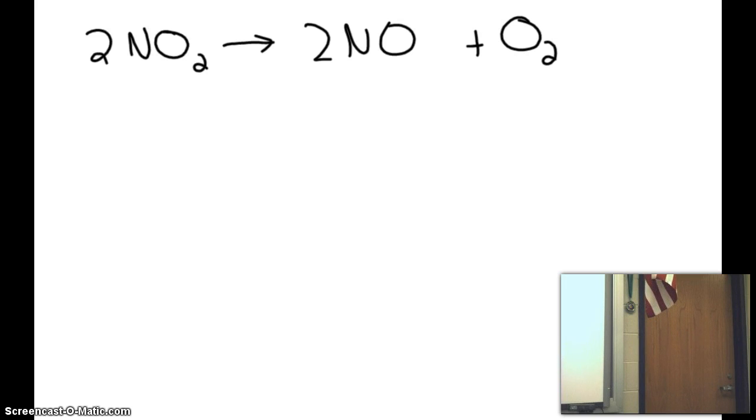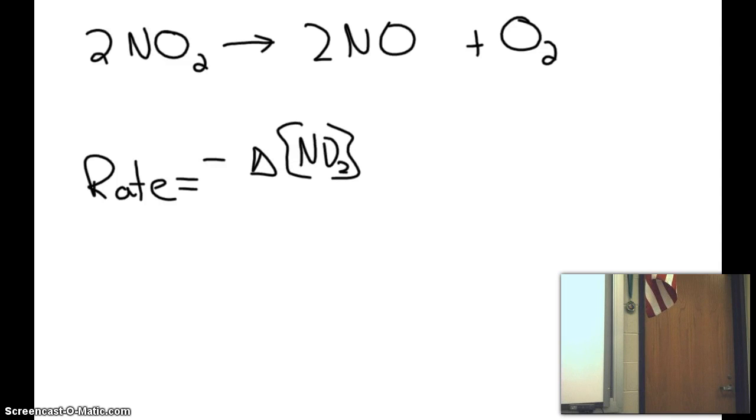So kind of a simple little decomposition reaction almost, what we've got going here. If I were to write the rate in terms of NO2, it's a reactant. So doing what we just said, the rate of this would equal the opposite sign of the change of the concentration of NO2 over time.